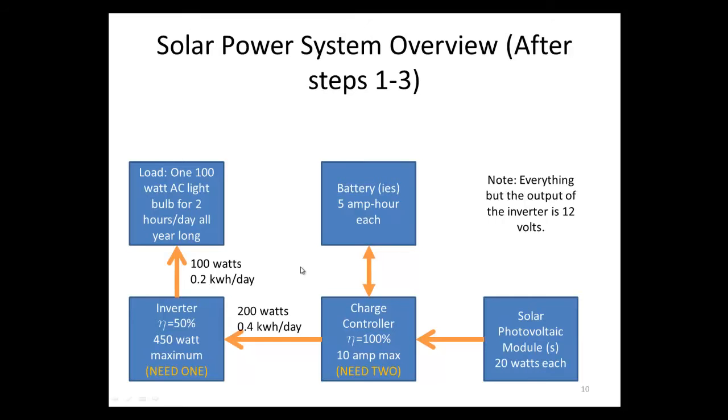We also found that when the light bulb's on, the inverter is drawing 200 watts from the charge controller, and the energy it uses coming from the charge controller is 0.4 kilowatt hours per day. So what that means is we need to supply, either from the battery or from the solar module, that 0.4 kilowatt hours per day. That's what we're going to talk about next, is how we can do that.